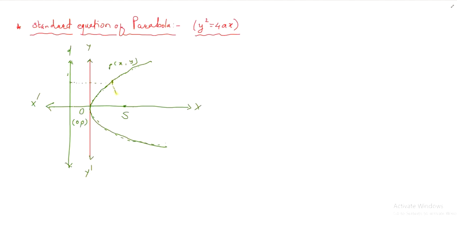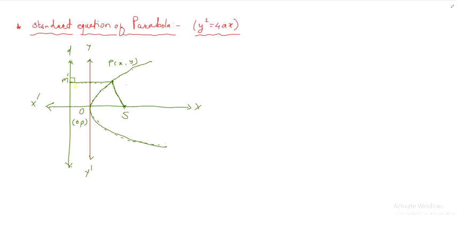Students, let us see how to draw this diagram. This is the perpendicular distance of the point P. This is the fixed distance from the fixed point, say S, that is SP, and this is the perpendicular distance.